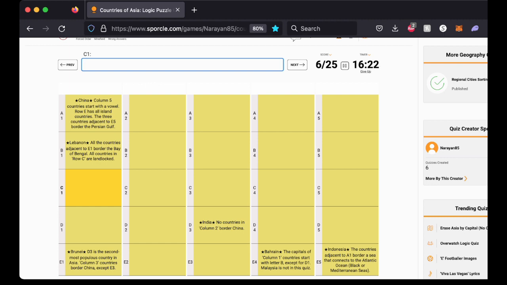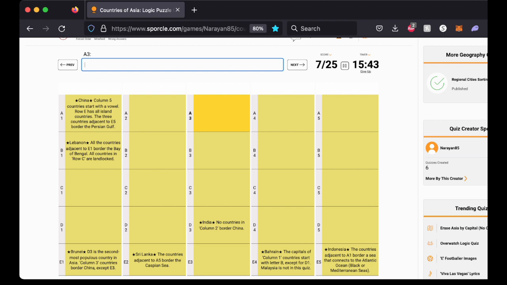Let's see, all the countries adjacent to E1 border the Bay of Bengal. So if it borders the Bay of Bengal and is also an island, that's Sri Lanka. Now Sri Lanka's an island and borders the Bay of Bengal, so I'm going to guess Sri Lanka for E2.